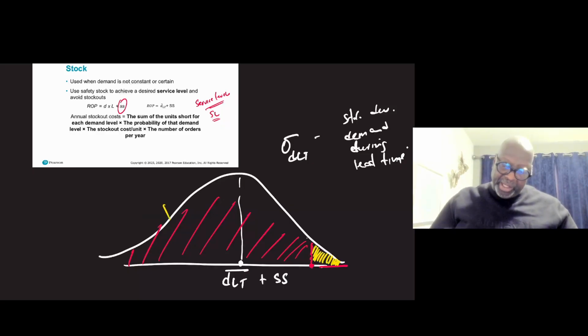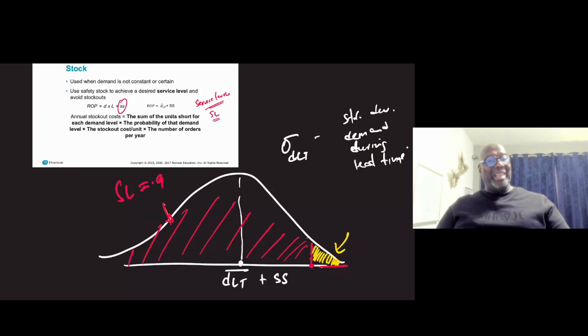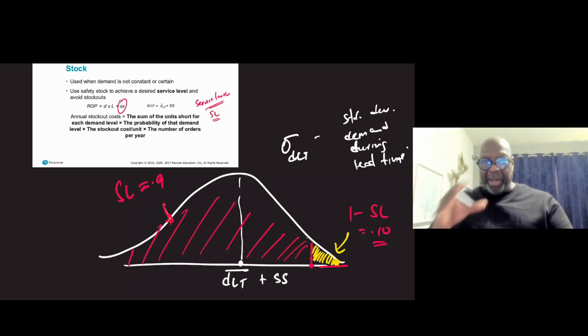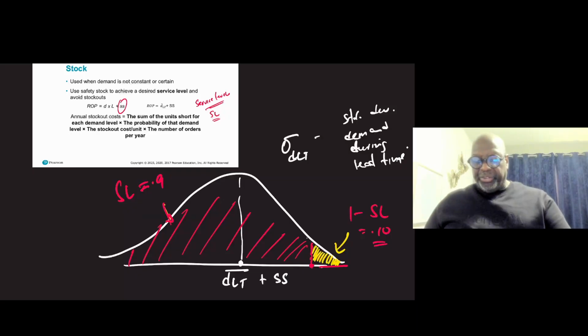So this piece right here is our service level. If we say that's 0.9, for example, our service level is a 90% chance of satisfying the demand during the lead time. Then 1 minus the service level, which is 10%, will be the risk of a stockout. So you're trying to balance the risk of a stockout with the cost of carrying excess inventory. So your safety stock is this piece right here.